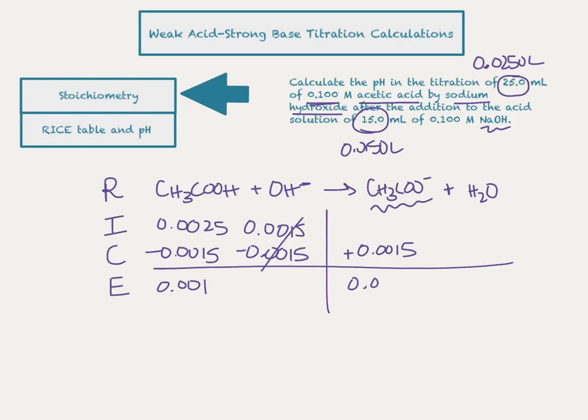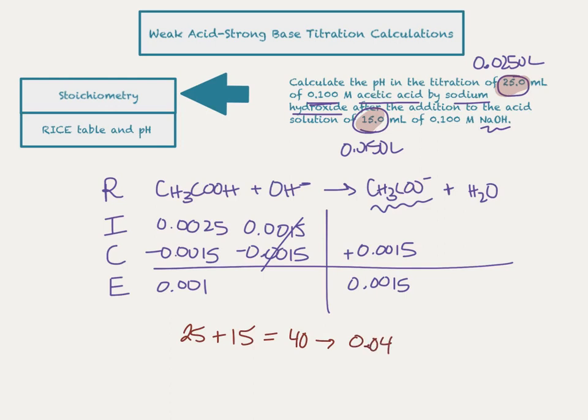So now we need to convert these moles into molarities by dividing these moles by the total volume. We can see that our volumes are 25 milliliters and 15 milliliters. So we just need to add those two together. 25 plus 15 equals 40 milliliters. And in liters, that's going to be 0.04 liters.